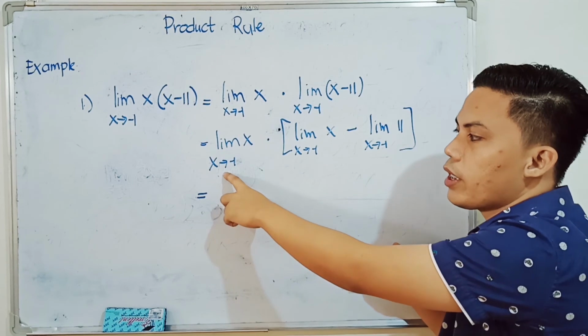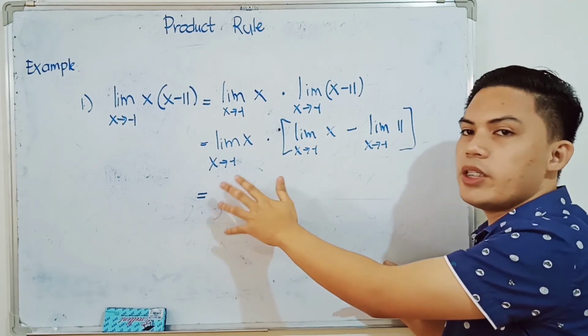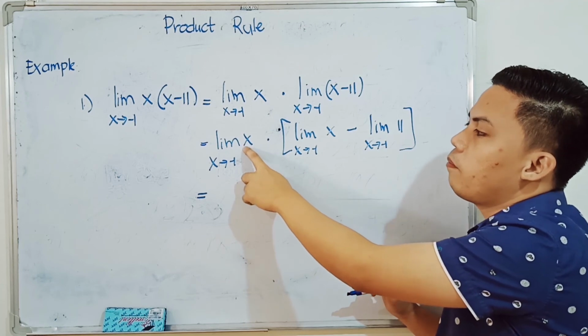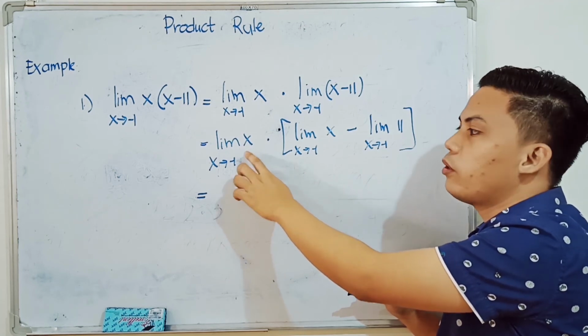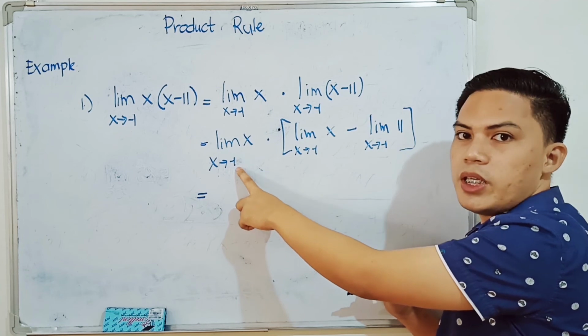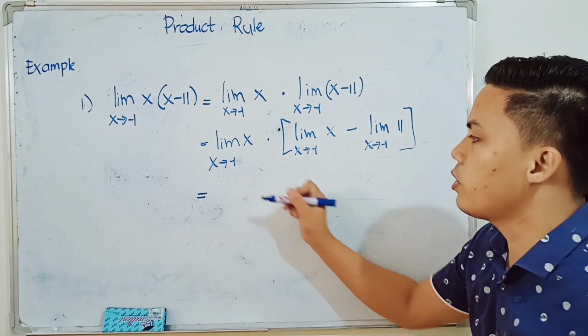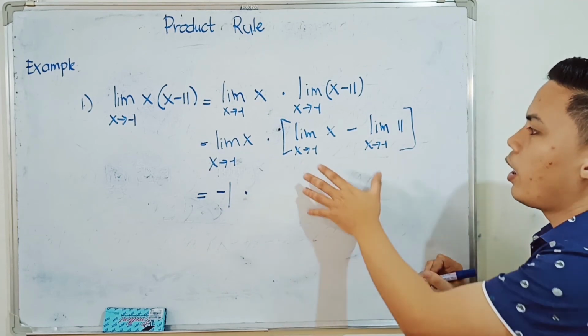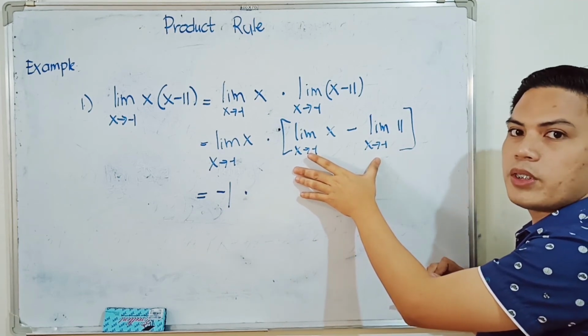Limit of x as x approaches to negative 1 using the limit of the identity function. So, pag variable lang yung given natin dito, yung sagot natin is yung sa c. So, we have negative 1. So, the answer here is negative 1 times yung product ng dalawang terms natin dito.